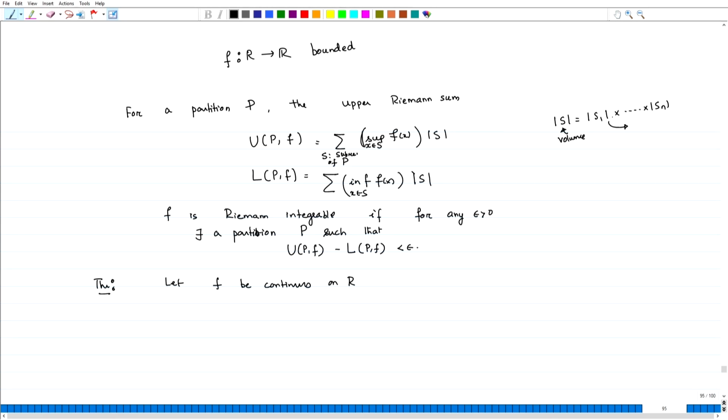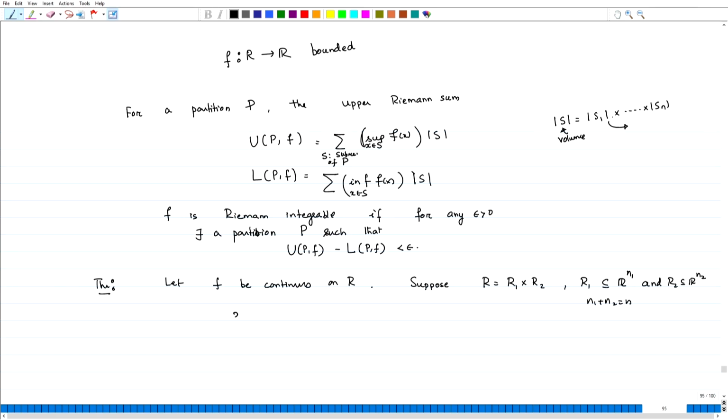Now, suppose R is equal to R_1 cross R_2, where R_1 is contained in R^{n_1} and R_2 is contained in R^{n_2}, and n_1 plus n_2 is our n, the two pieces.